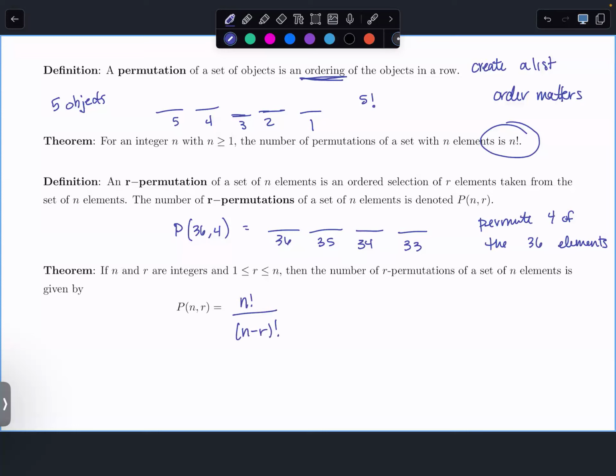If you think about what we just did, P(36, 4) is 36 factorial divided by (36 minus 4) factorial. 36 factorial is 36 times 35 times 34, and so on. Everything after here is going to cancel out, and it's those 4 things like we did before.